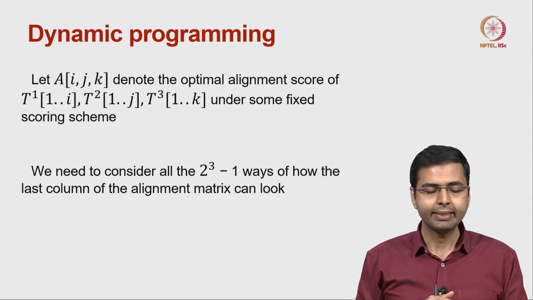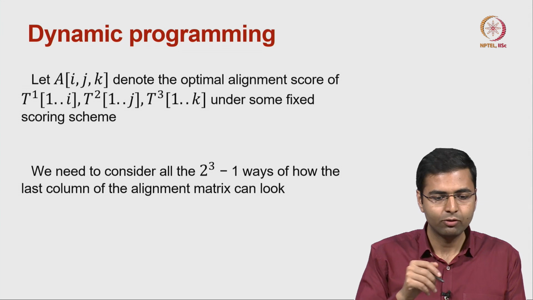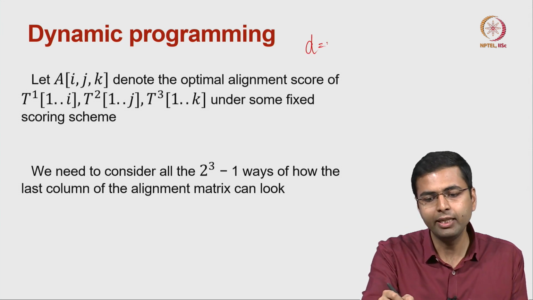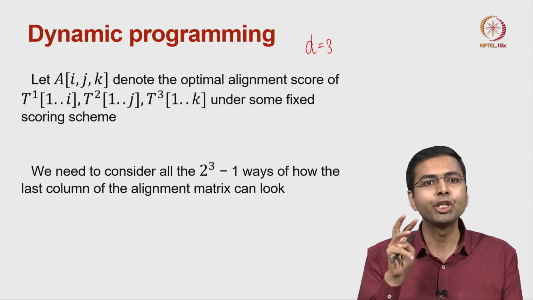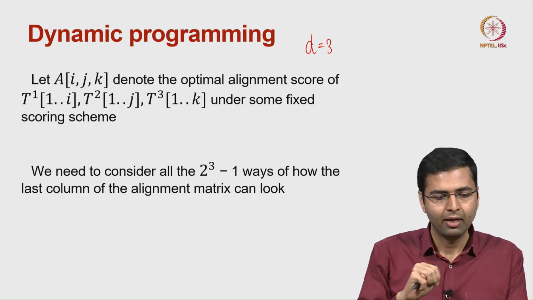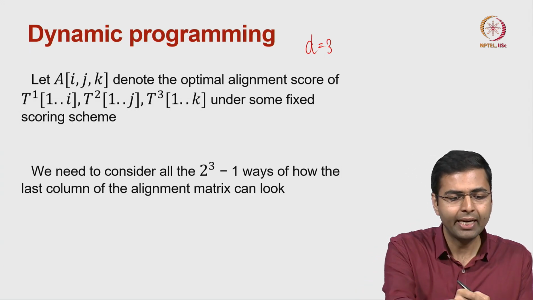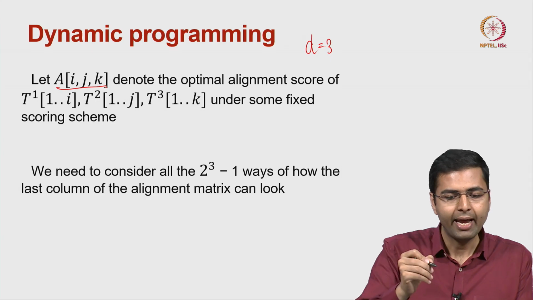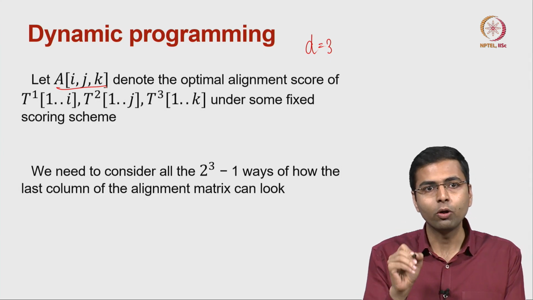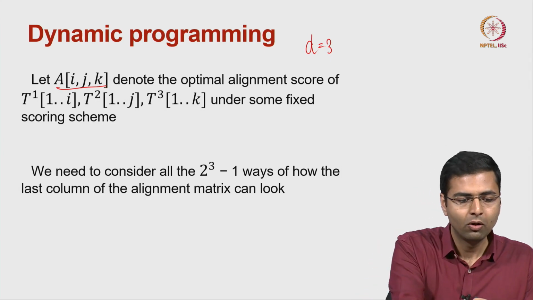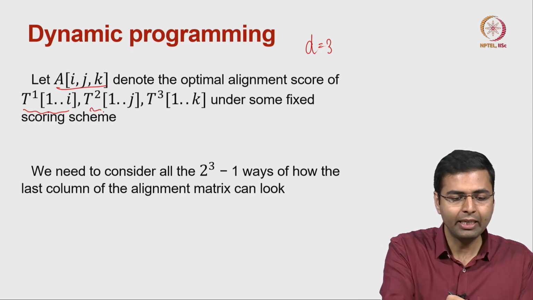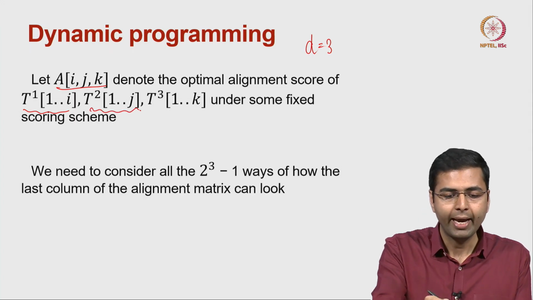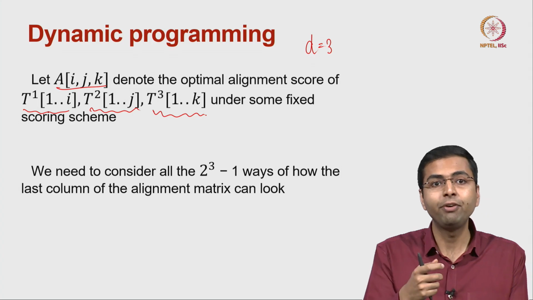Let us fix for now d equals 3. Let us consider a simpler scenario where the number of sequences given to us is 3. I will denote A(i,j,k) as the optimal alignment score of the first sequence, which is a prefix of T1, the second sequence, which is a prefix of T2, and the third sequence, which is a prefix of T3.